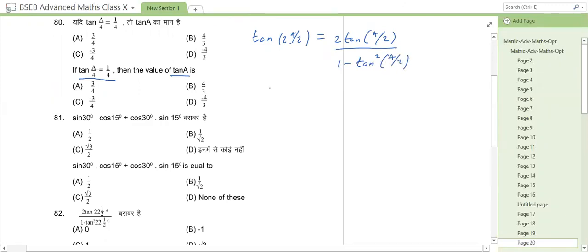But now we need to know what is tan A over 2, which is tan of 2 times A over 4.